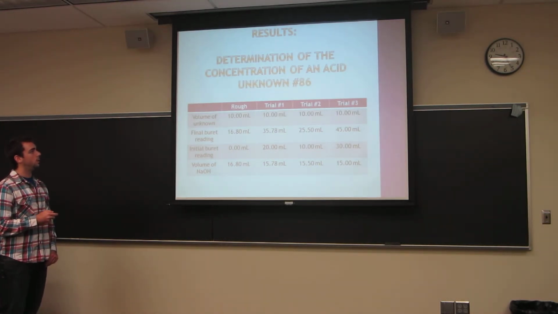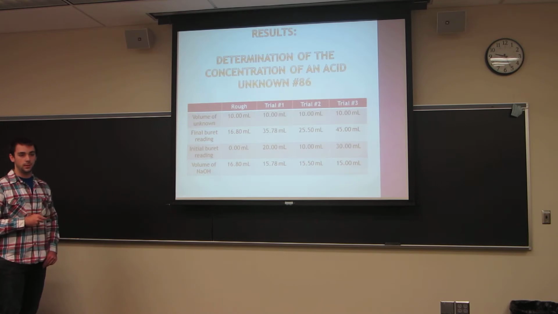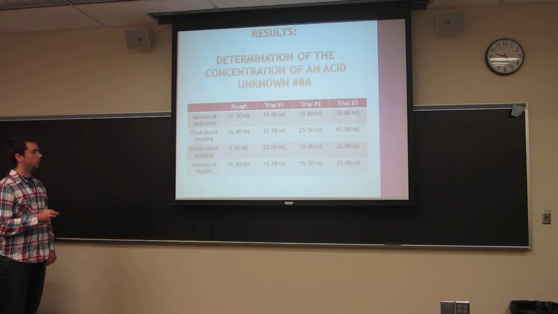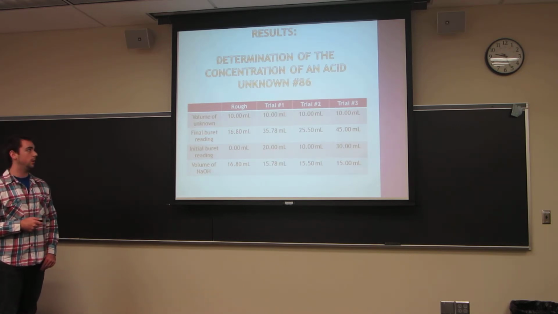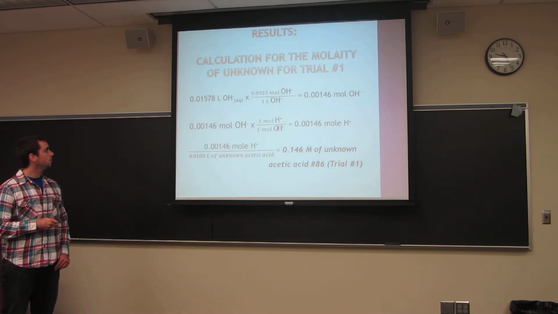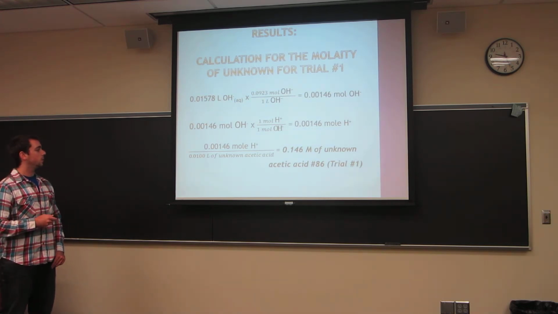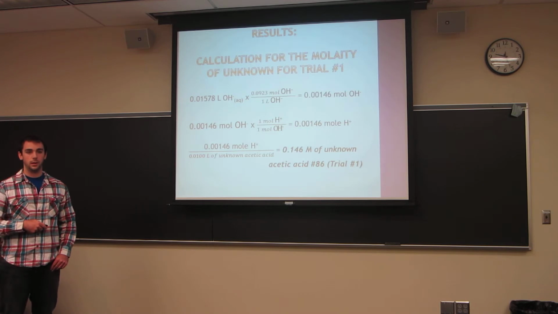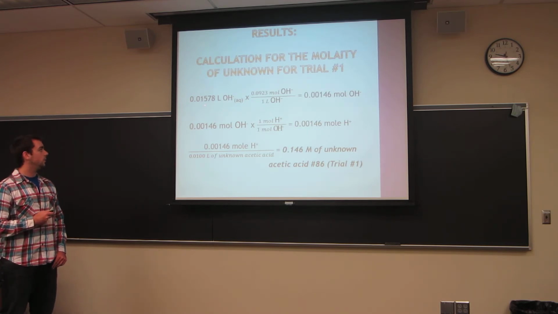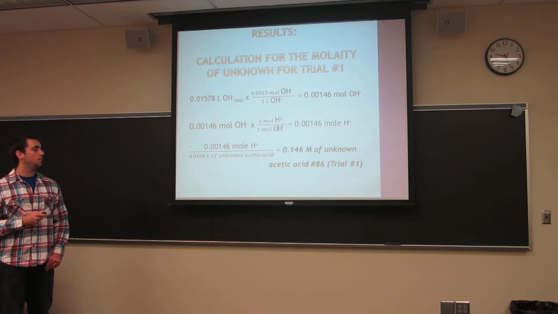My unknown acid was number 86, and here's a chart of what we used for each trial for the final and initial burette readings and the total volume of the NaOH that was used. To find the molarity of the unknown acid, I used trial 1 again to calculate this, and I used the liters of the OH that we used, and I multiplied by the molarity that we found.